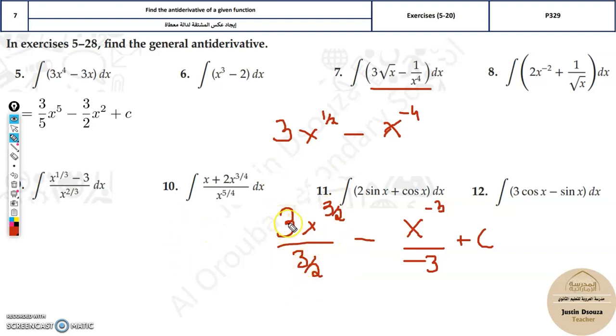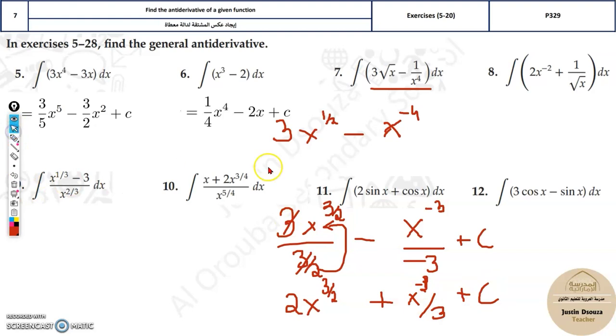How many times? It is 2 times. So the answer is 2. Otherwise, if you're solving it directly, this cancels, and the denominator goes up to the numerator. So it will be 2x to the power 3 by 2, minus becomes plus, x to the power minus 3 by 3, plus c. So this will be your final answer.